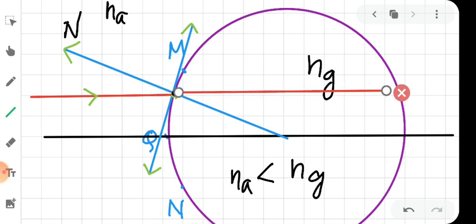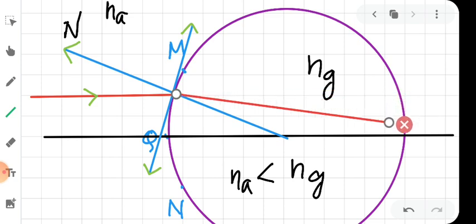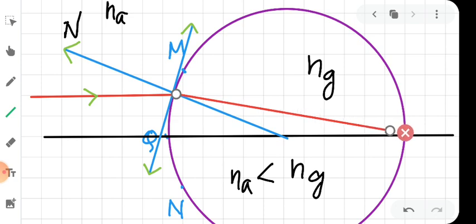It was supposed to go straight along if there were no material, but now it bends, it deviates towards the normal. So there you are, you have your refracted ray in the new medium.